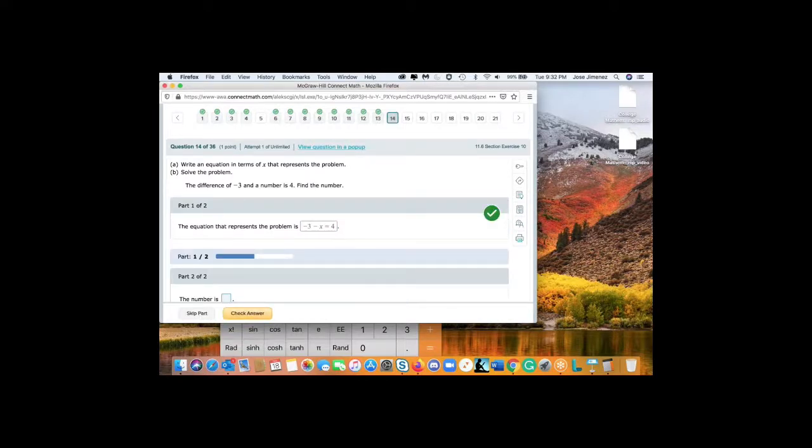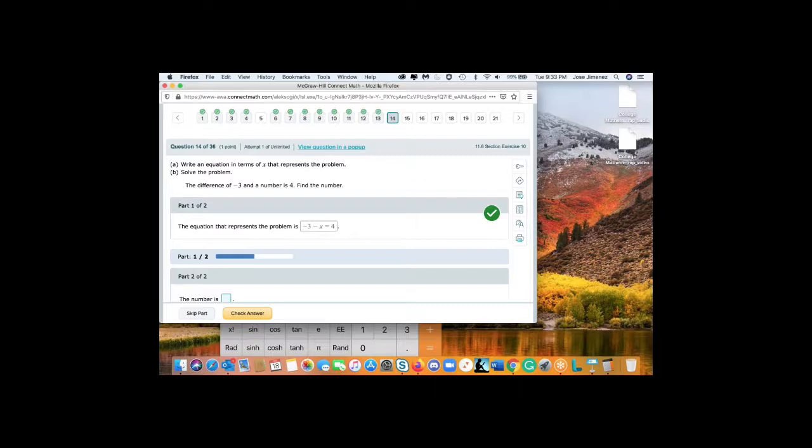So when you subtract from negative 3 and it gives you 4, what is x? If I subtract from negative 3 and it gives me 4, what will be x? To give me 4. So it means x has to be equal to 7, right?